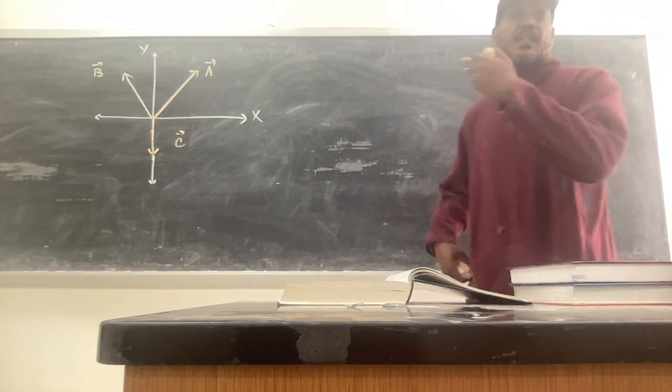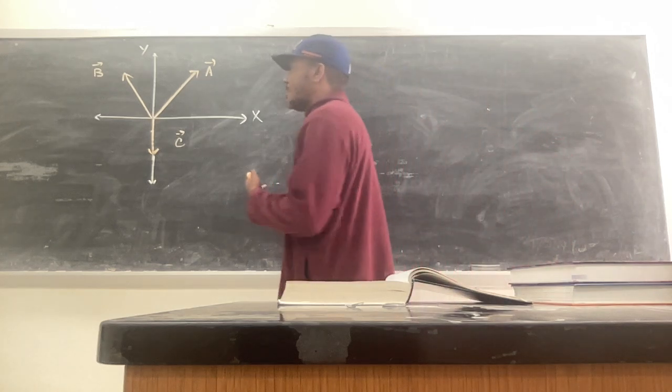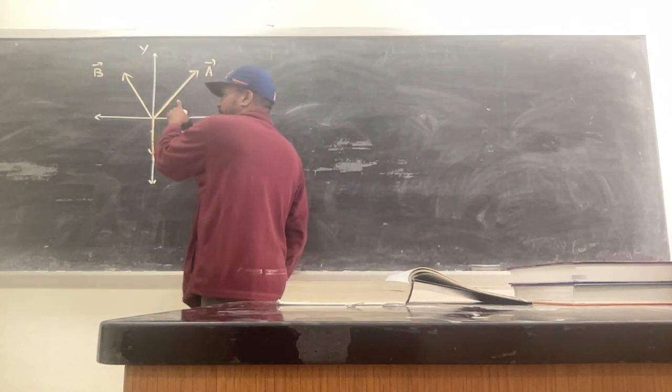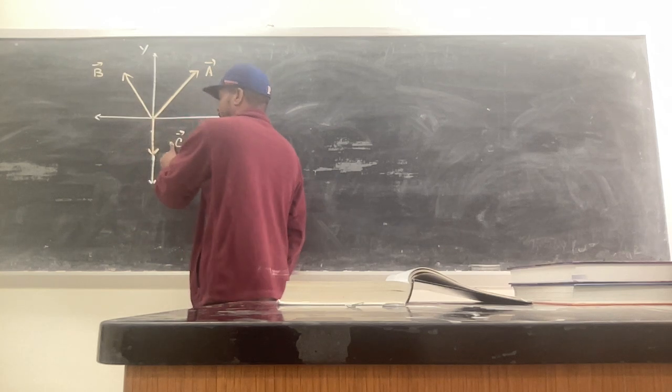This is what a vector looks like, right? This is a vector A. This is a vector B. This is a vector C.